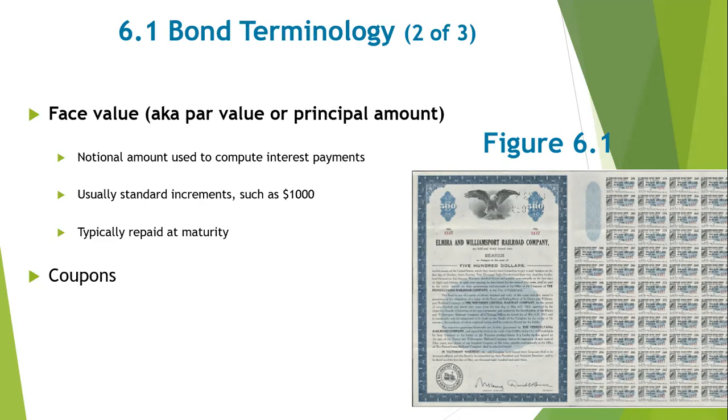Consequently, the interest payments on the bond are termed coupon payments. Now, although the majority of bonds are electronically registered today, the terminology persists. The amount of each coupon payment is determined by the bond's coupon rate set by the issuer and specified on the bond certificate.